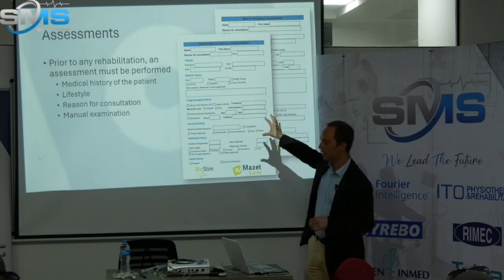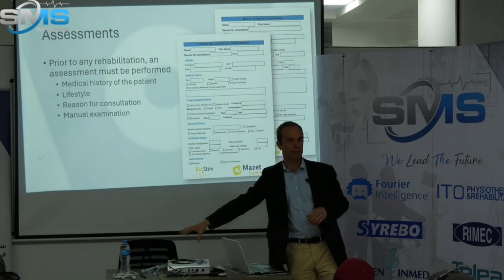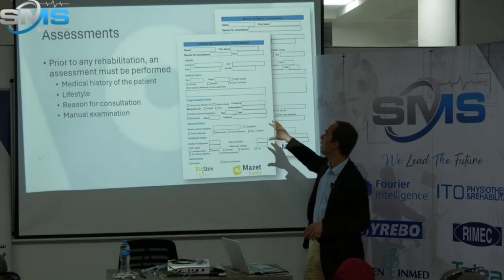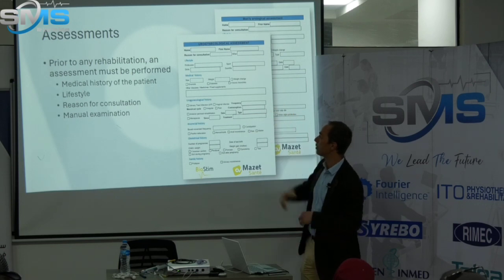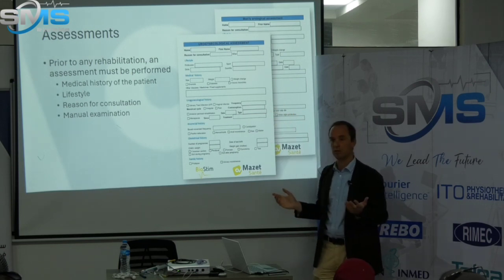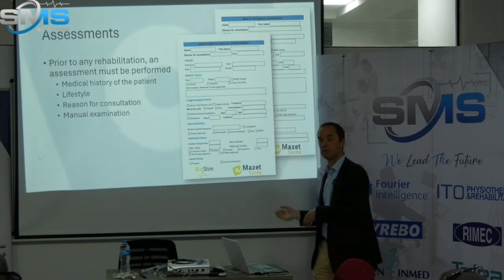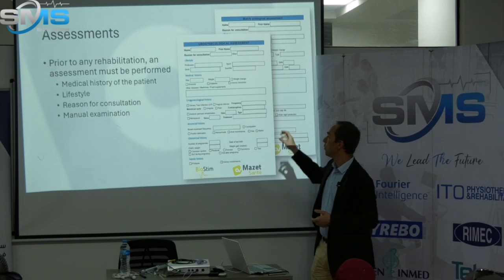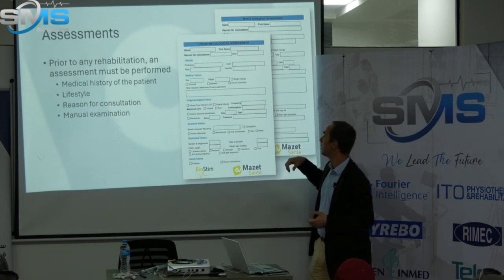So this is the chart that is embedded inside this device, but you can also use many different ones. The first point is lifestyle. You have to understand what kind of life your patient has. Does she do sport? Does she do things that could affect her pelvic floor? What is her medical history?